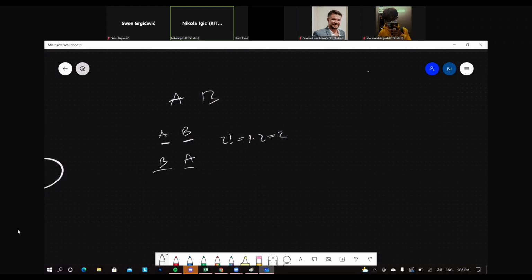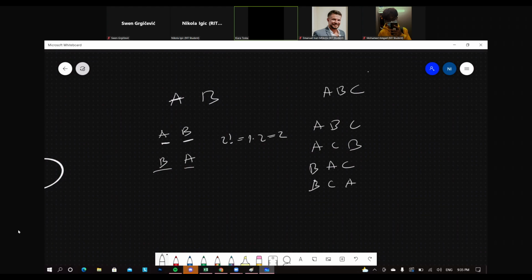Do you get it? Yeah. If I put A, B, C, now I can write A, B, C, A, C, B, B, A, C, B, C, A, C, A, B, and C, B, A. How many of them? There are 6 of them. 3 factorial, 1 times 2 times 3, which is also 6.